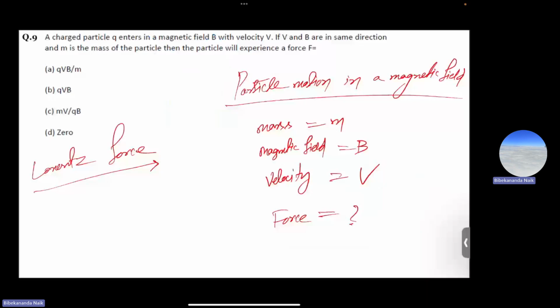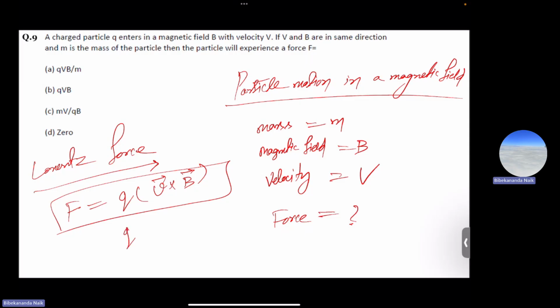This is called the Lorentz force. When the particle moves inside a magnetic field, the force experienced by it is called the Lorentz force, and the expression for force is F = q v cross B vector.